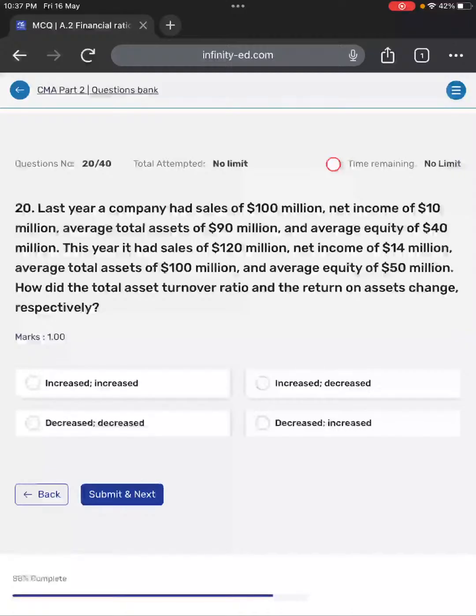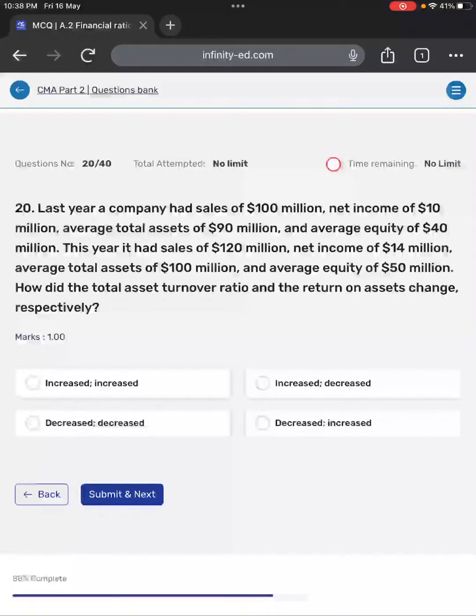Okay, total asset turnover ratio. What does the total asset turnover ratio mean? The income this year is 14 divided by total assets 100, so 14 divided by 100, 0.14, and earlier the total asset was 90 with income of 10, 10 divided by 90.